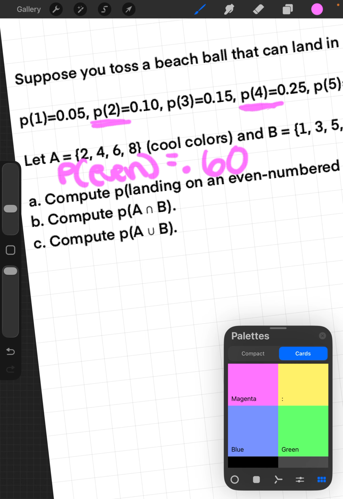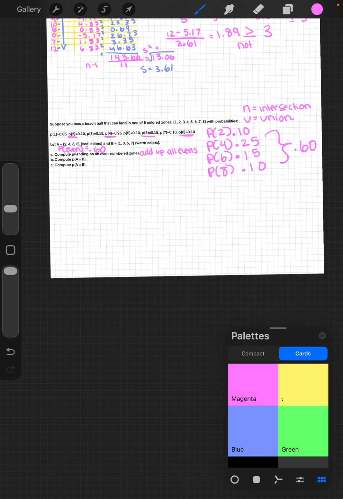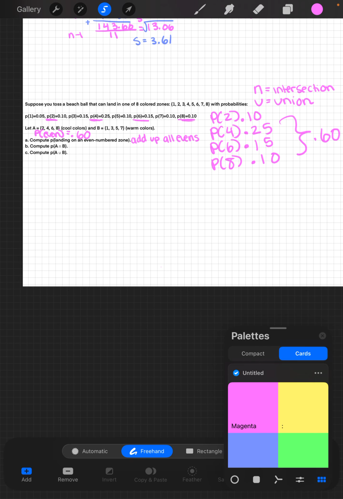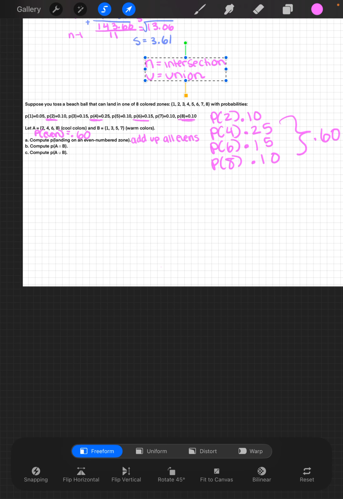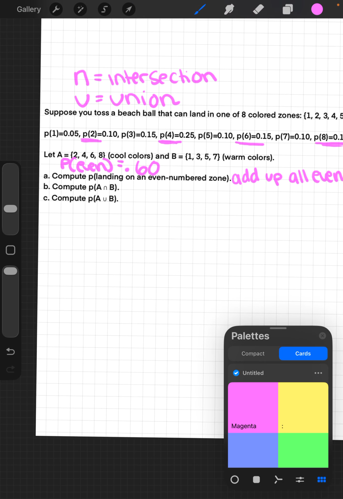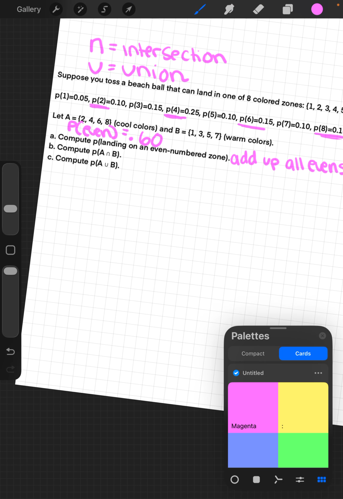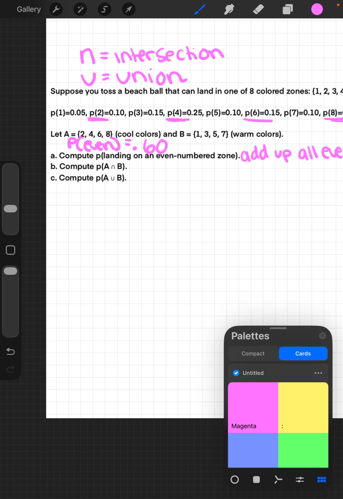And now they want to find the intersection for both A and B. And I wrote it over here. I'm going to just move it closer. So A is our even and our B is our odd, the way they make the numbers.